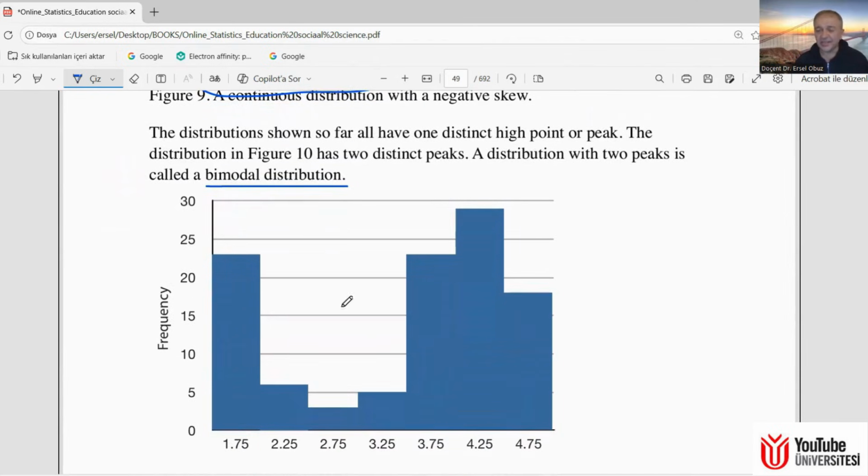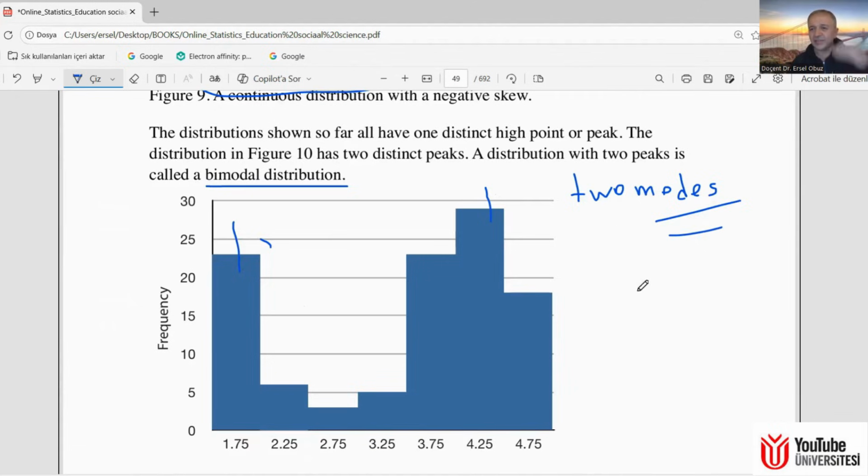That's an interesting distribution. As you see, there are two modes. The mode is the value with the highest frequency. You see, this distribution has two modes.